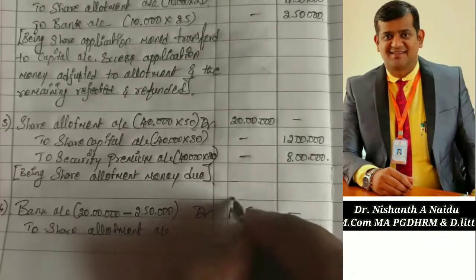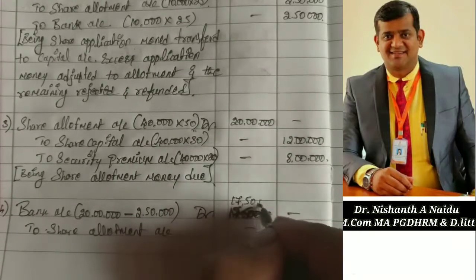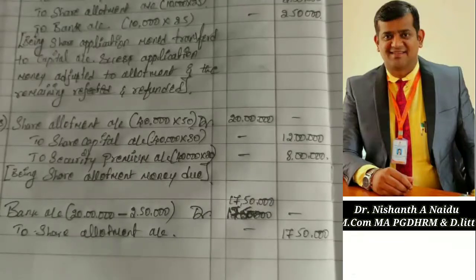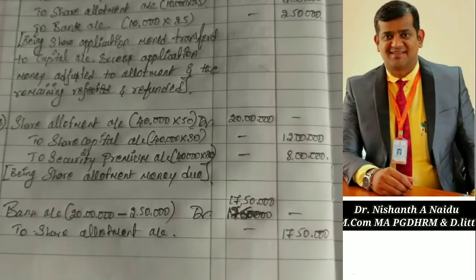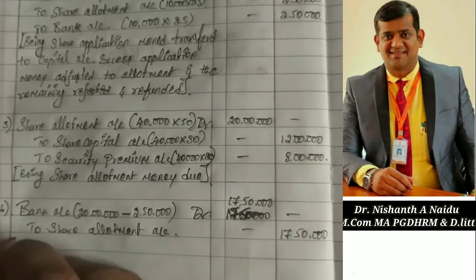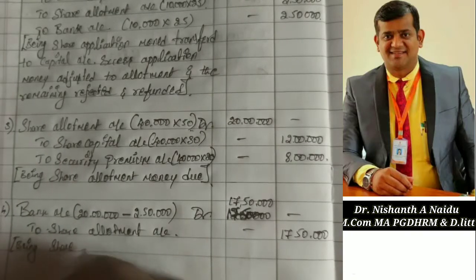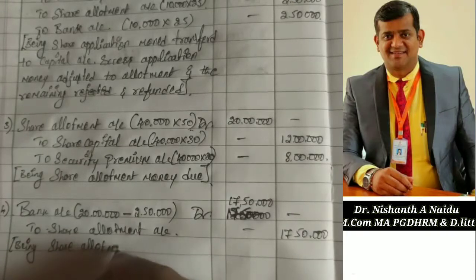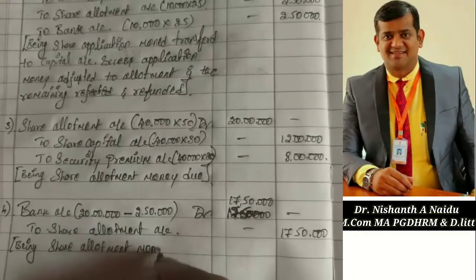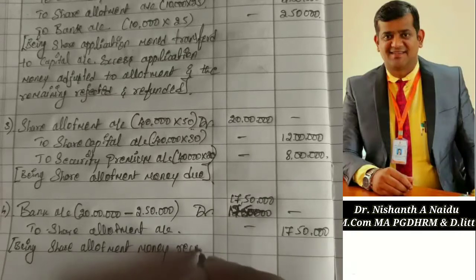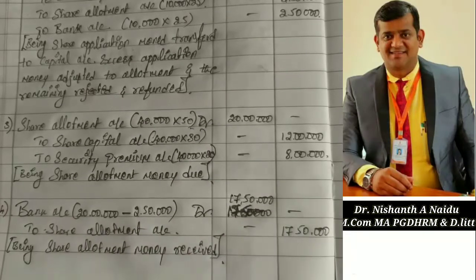That is the receive entry on allotment, because we have already received 2,50,000 along with application money. Correct? So 17,50,000, being share allotment money received.